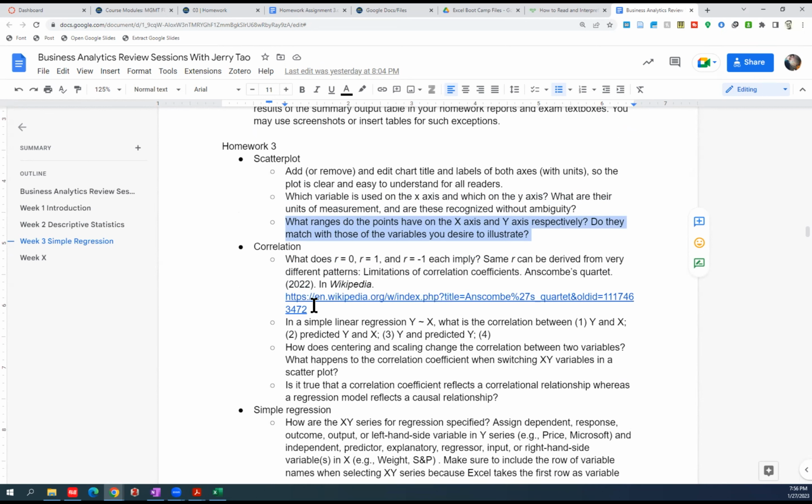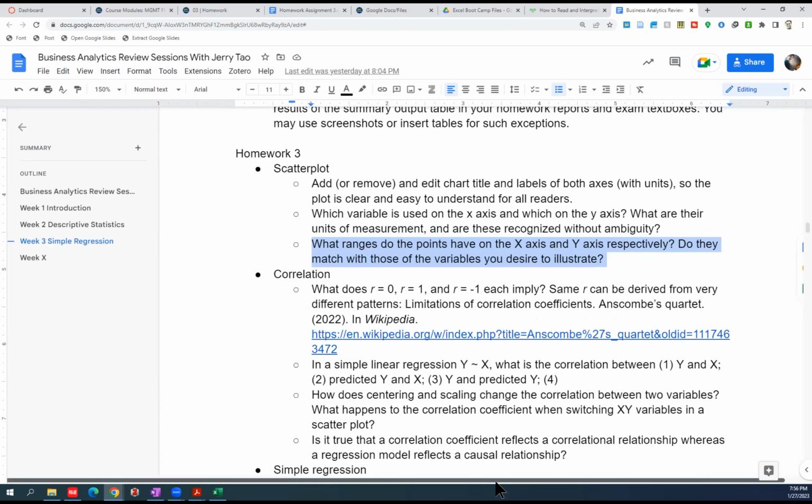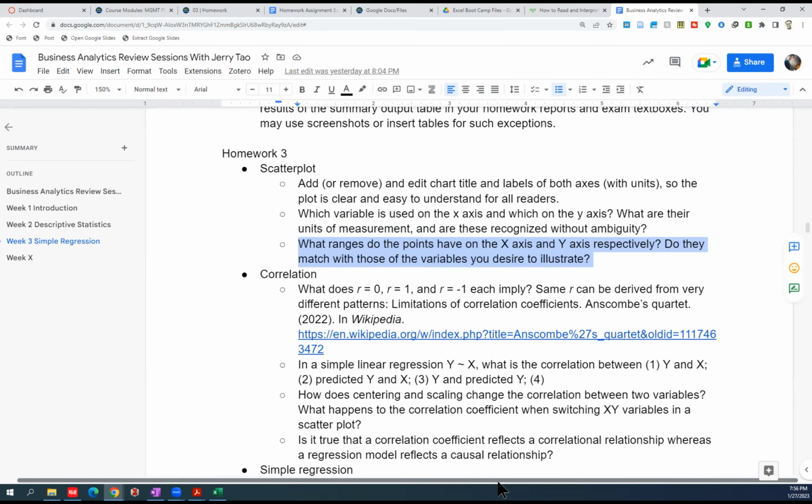So a correlation coefficient of 1 means that the two variables have a dependency, like if one increases, the other one increases, something like that. And a correlation coefficient of 0 means that they don't have a dependency. And negative means if one increases, the other one decreases.